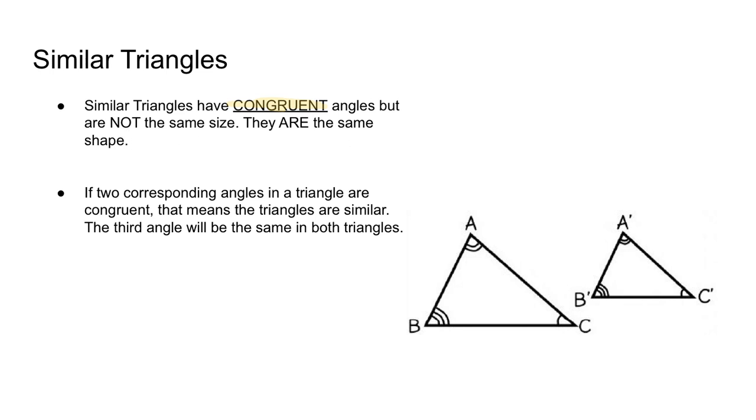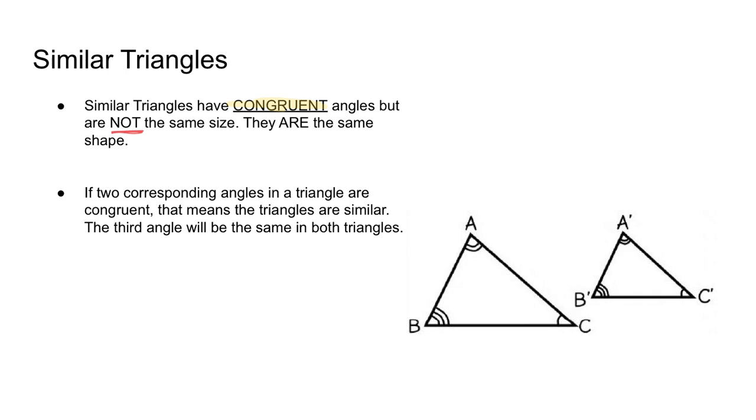They are the same shape. If two corresponding angles in a triangle are congruent, that means that the triangles are similar. The third angle will be the same in both triangles.